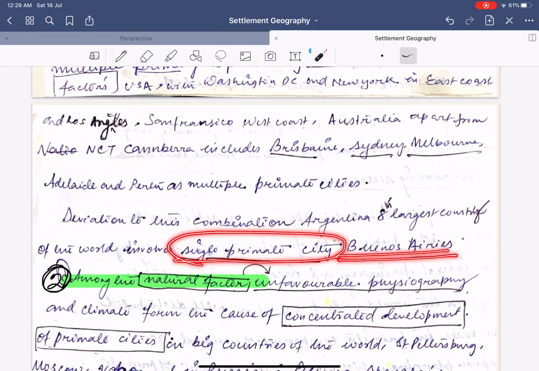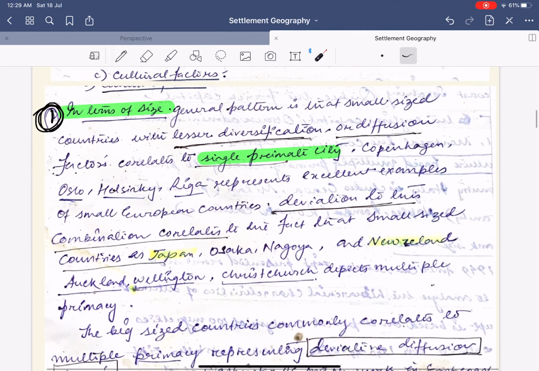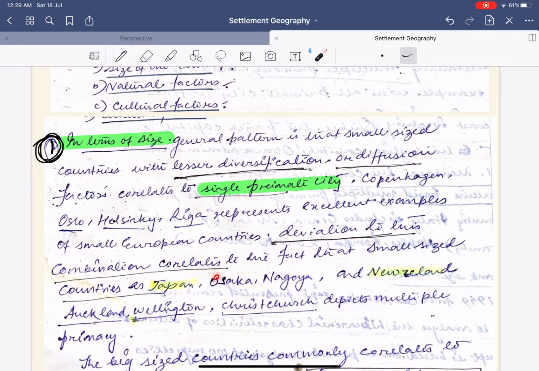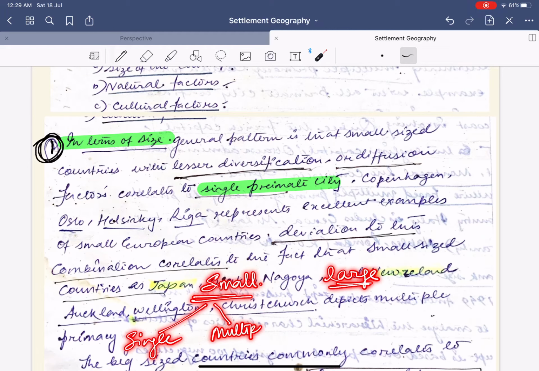that is Buenos Aires. So basically what we understood is that in terms of size, we took the small sized countries and the large sized countries. In the small sized countries, we discussed single primacy, meaning there is only one important primate city or one important large city, and then we talked about multiple primate cities in the example of Japan and New Zealand.